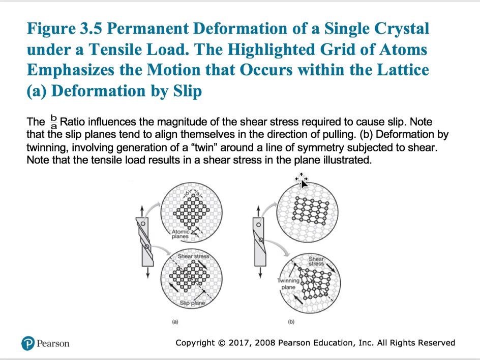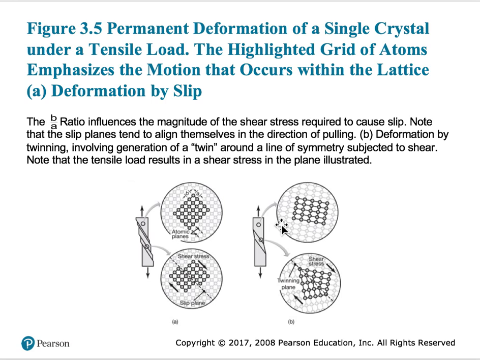Slip is the process by which the material moves like a carpet, and in twinning you have a central location or central plane and you just bend it around that plane, and then you shear that in such a way that it moves. So obviously you can see that the atom planes can move much more easily during the slip process than in the twin process.